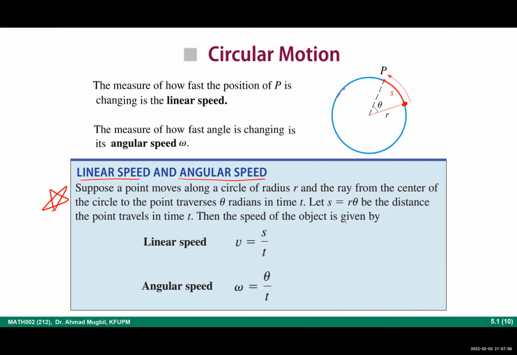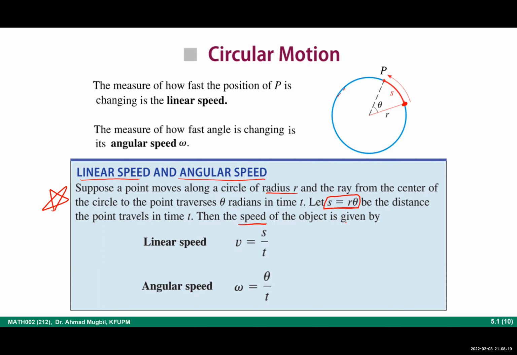Suppose that a point moves along a circle of radius r, and the ray from the center of the circle to the point traverses theta radians in time t. Let s equals r theta, which is the formula that we used, where theta is in radians, be the distance traveled. Then the speed of the object.